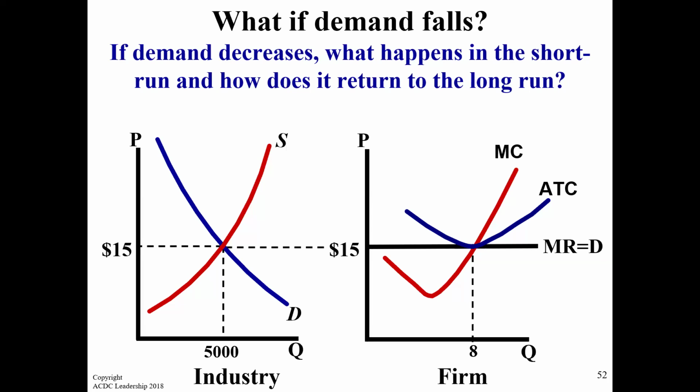But they're not gonna put the graphs there. Then they're gonna ask you what happens to price and quantity in the short run, or what happens to price in the short run and price in the long run. And you're gonna have to do the graphs. Don't try to memorize them, just do the graphs.